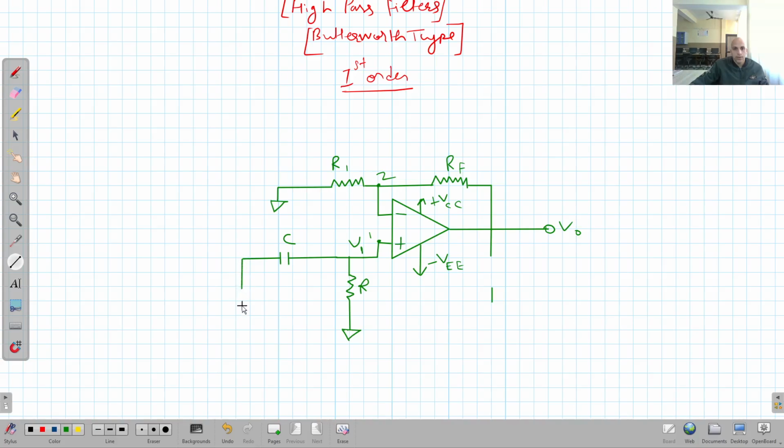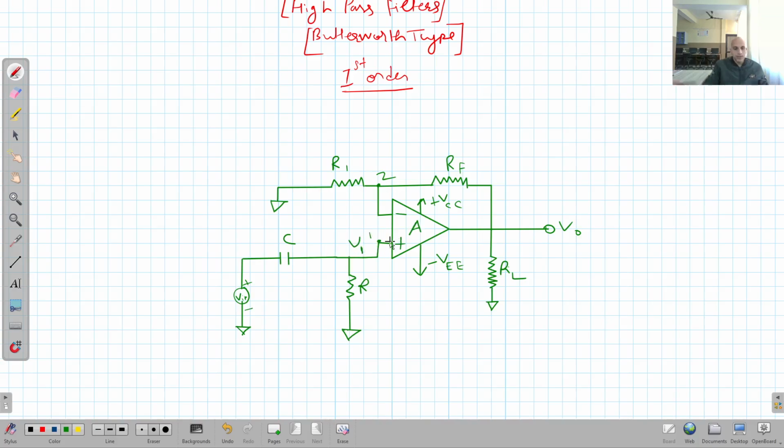Here we will have the input signal, this is for input signal Vin, plus minus. This is the load RL.